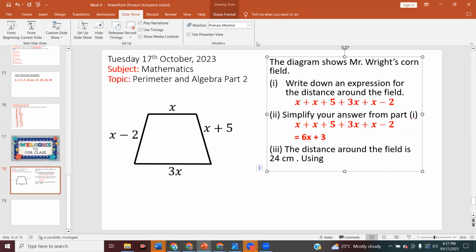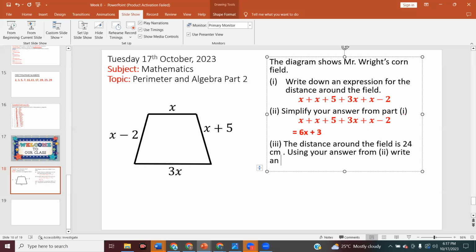So the question says, using your answer from part two, write an equation to show this information.